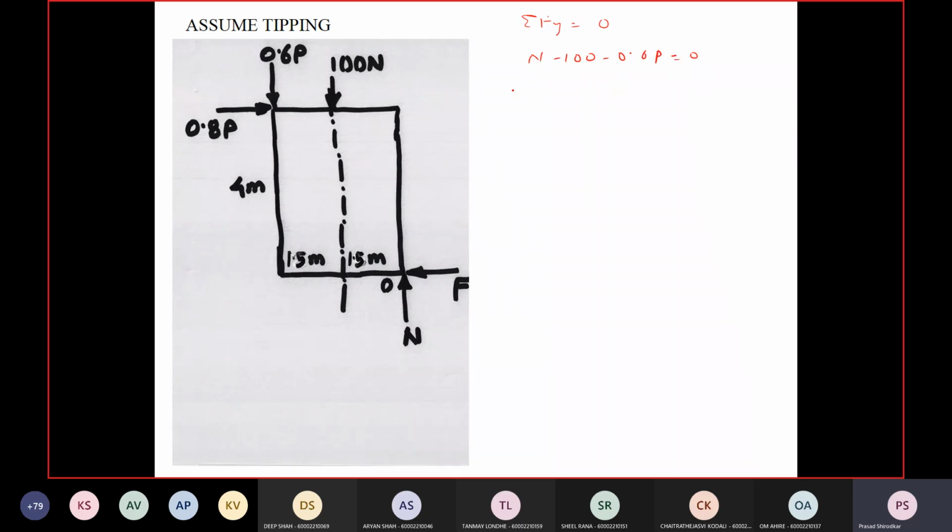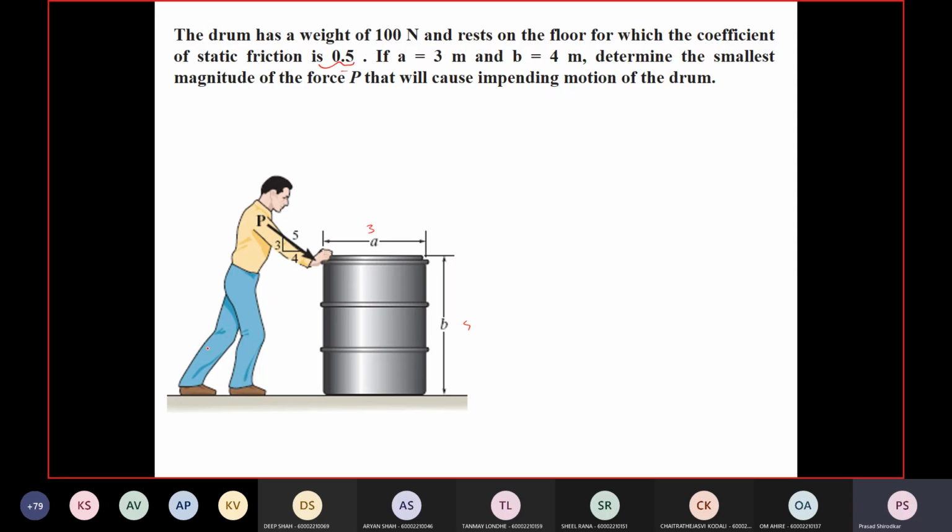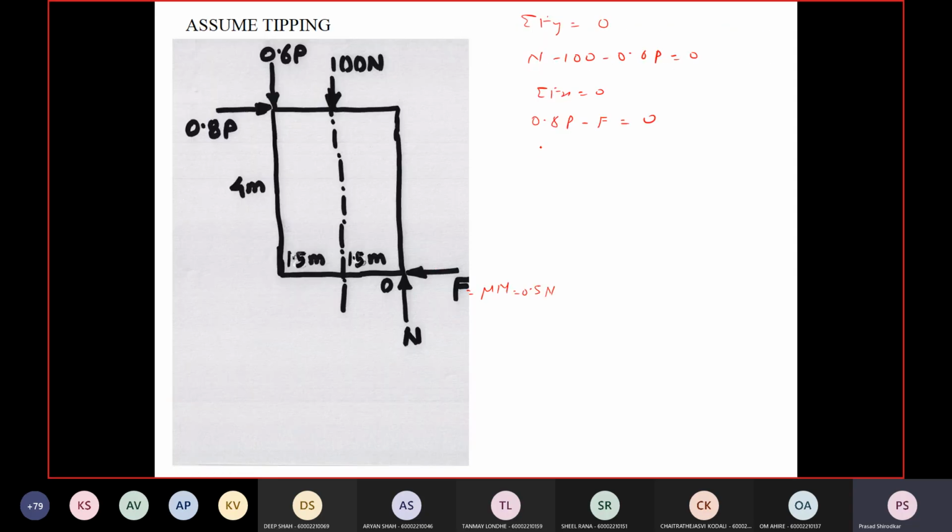Summation Fx is equal to 0. So 0.8 P minus F is equal to 0. F is equal to mu N, so that is equal to 0.5 N, since the friction coefficient is given as 0.5. So 0.8 P minus 0.5 N is equal to 0.